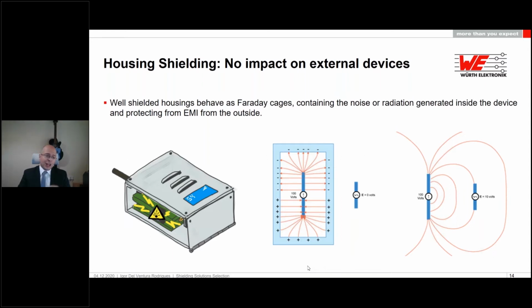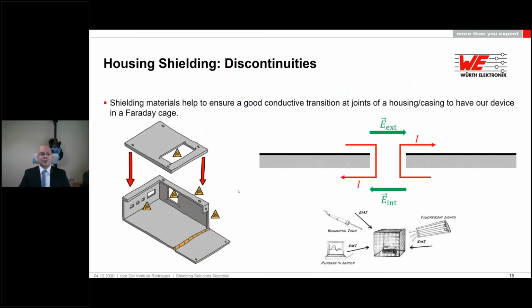And even if you don't have apertures for ventilation or a screen, the simple fact of having a little door means you're going to have discontinuities, because you're not able to produce a door that will be perfectly sealed. Even if it appears to be in contact with the wall of the housing, you will still have the irregularities of the metal.